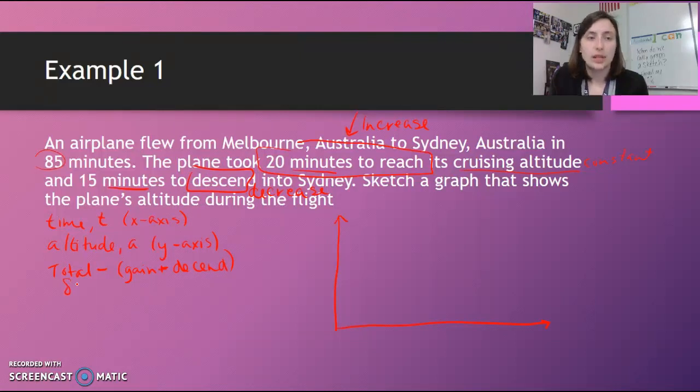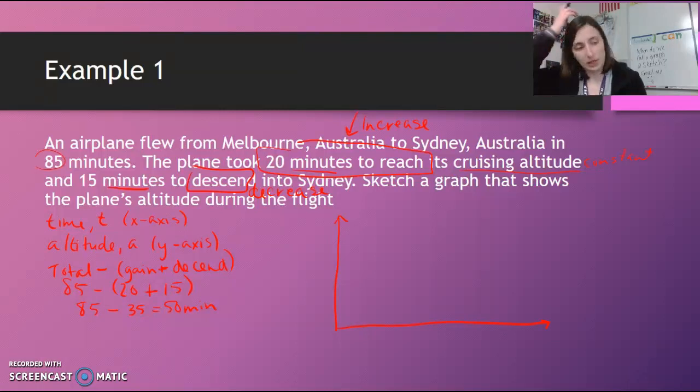So our total time is 85 minutes minus the 20 minutes to gain altitude plus the 15 minutes to descend. And so then I'm going to have 85 minus 35. And so 85 minus 35 is 50. So for 50 minutes, we're going to be at a constant altitude.